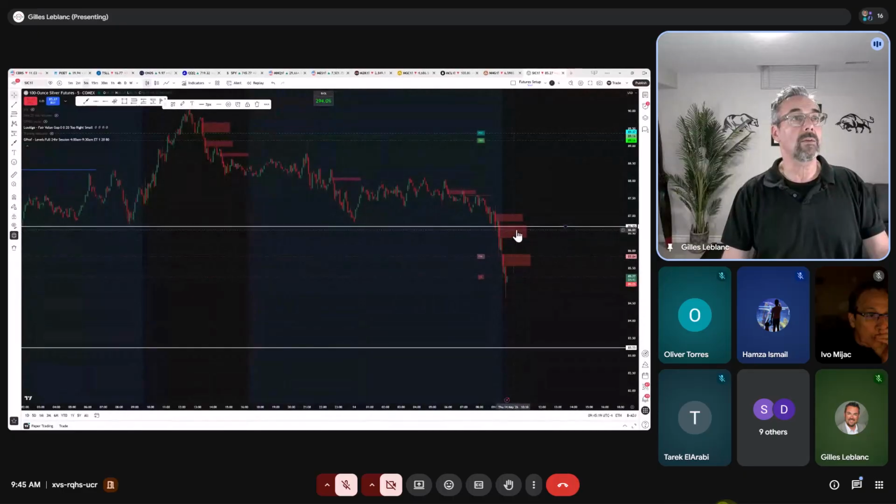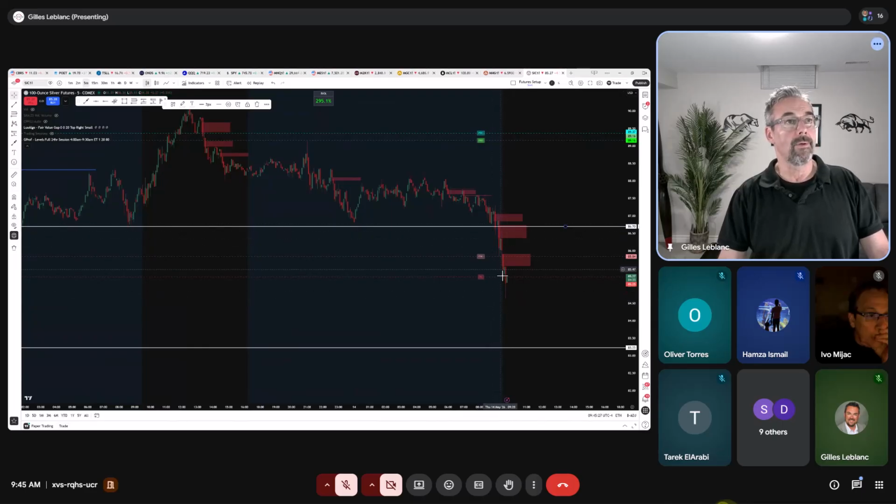And if it were to come back now, I think the move is already pretty large. Had it come back from here and retested, this might be a good area to take the break and retest short from this white line here.